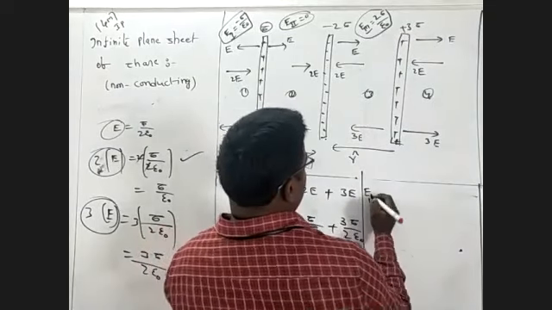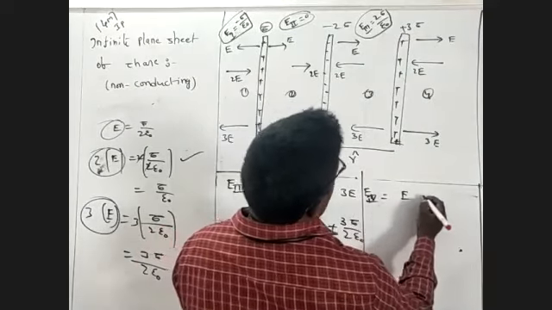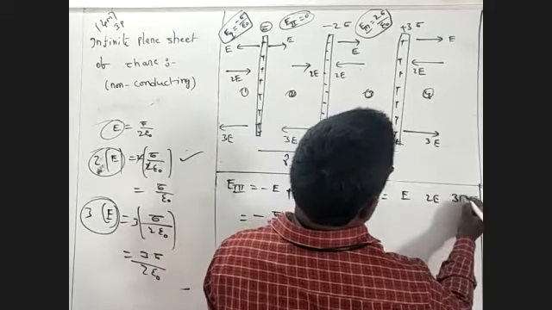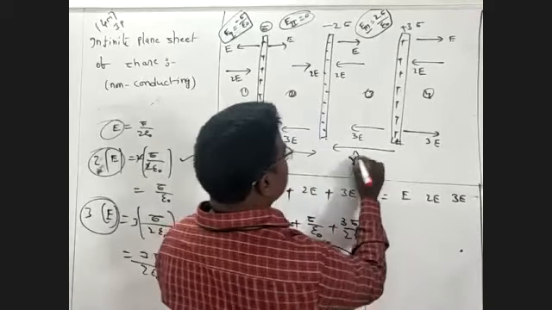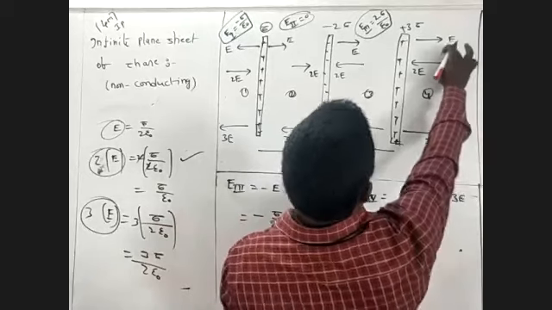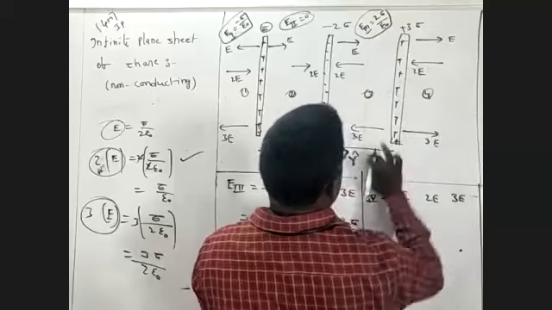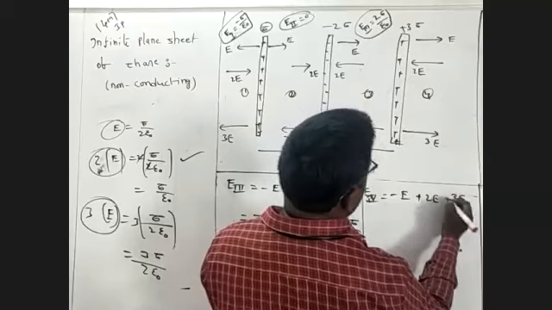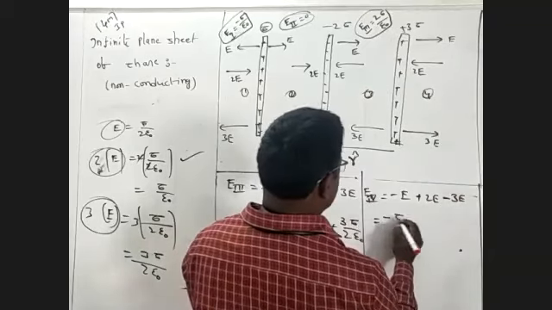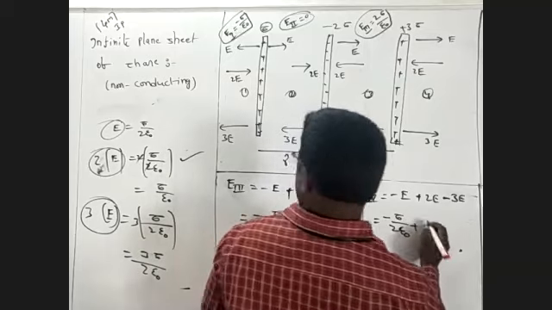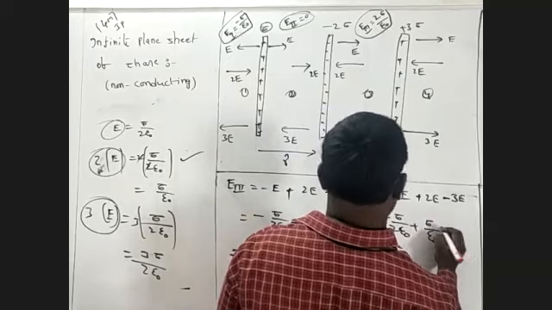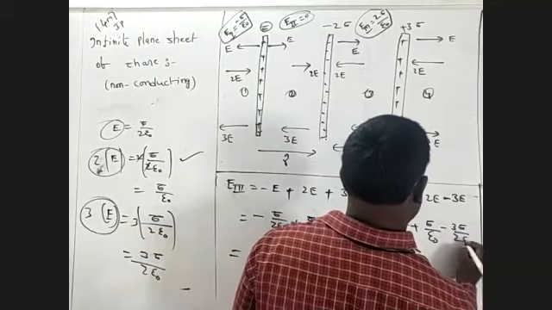E4 is equal to E, 2E and 3E. The direction of R cap and E bar: E and R cap are in opposite directions, while the others are in the same direction. Now minus sigma by 2 epsilon naught, plus sigma by epsilon naught, minus 3 sigma by 2 epsilon naught.